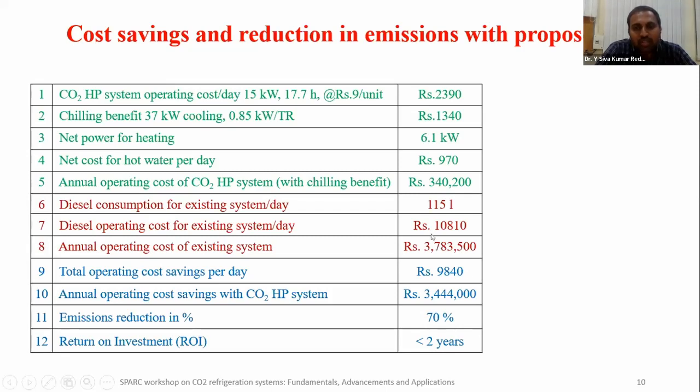The total operating cost savings is around 9,900 per day, and annually 34 lakhs can be attained. In addition to that, emissions can be reduced drastically, that is 70% of the emissions, with the proposed system.